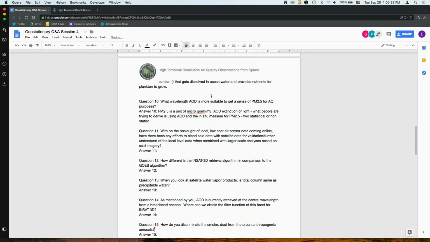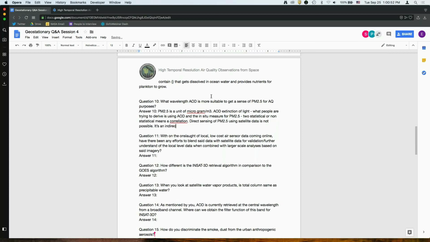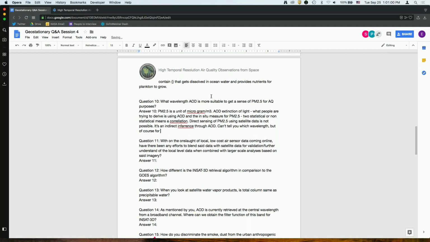So direct sensing of PM 2.5 using satellite data is not possible. It is an indirect inference through AOD. I can't tell you which wavelength, but of course for AOD estimations you need to have wavelengths from 400 to 800 nanometers.